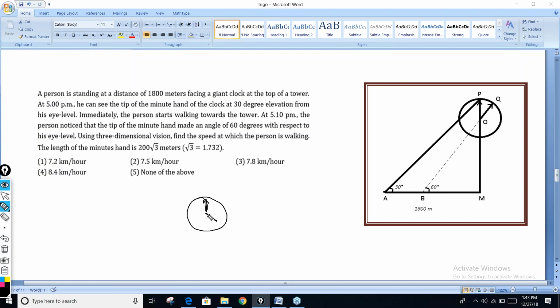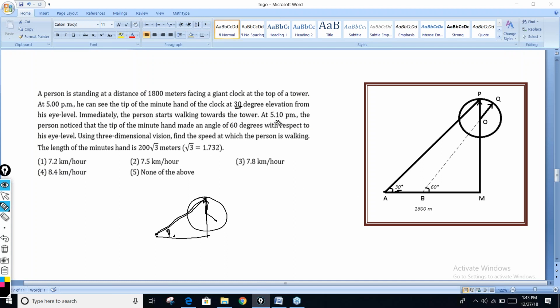There is a minute hand. A person is standing here. He is able to see the top of the minute hand at an angle of 30 degree elevation from his eye level. So this angle is 30 degree.